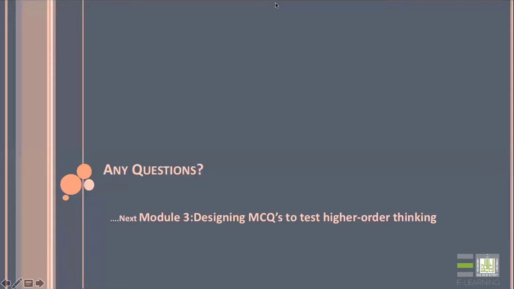Now, changing the stem order, it probably wouldn't matter how the questions appear in the exam.